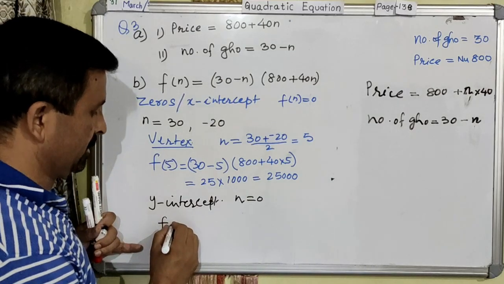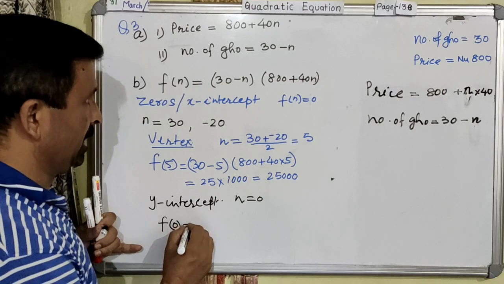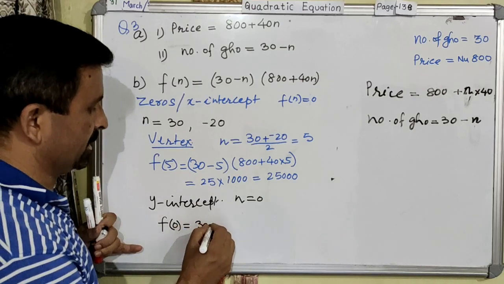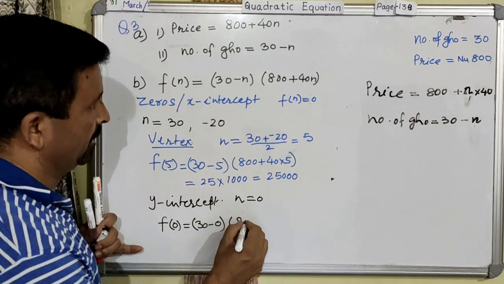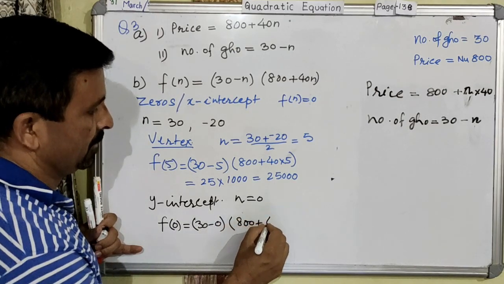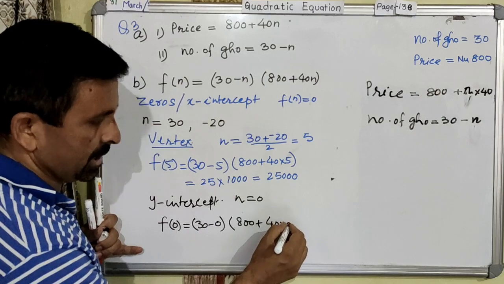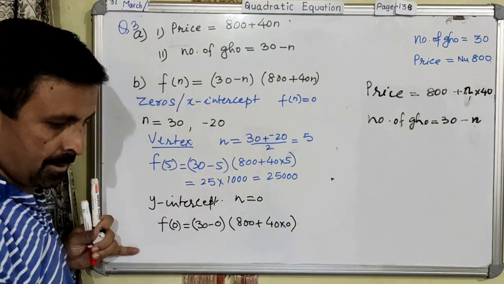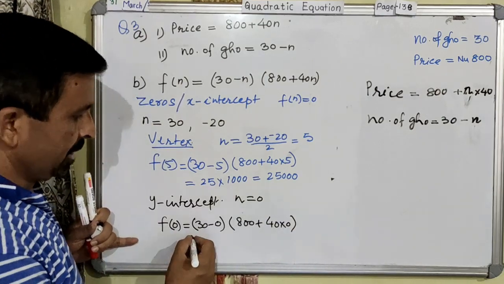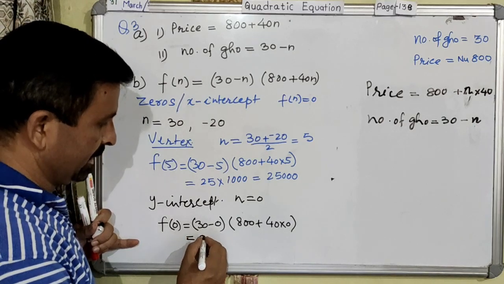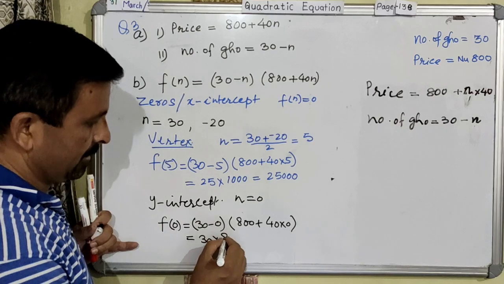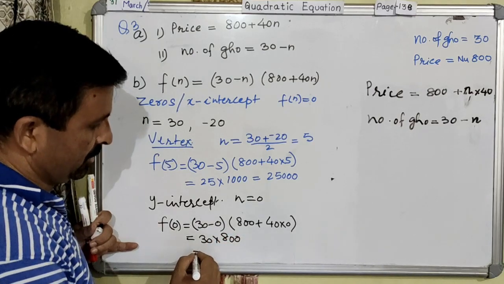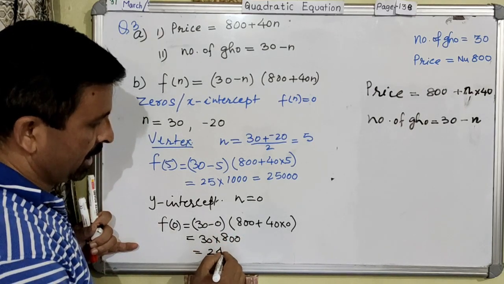So at n equal to 0, it is 30 minus 0 into 800 plus 40 into 0. Is it okay? So this becomes 30 and this becomes 800, which is equal to a total of 2400.